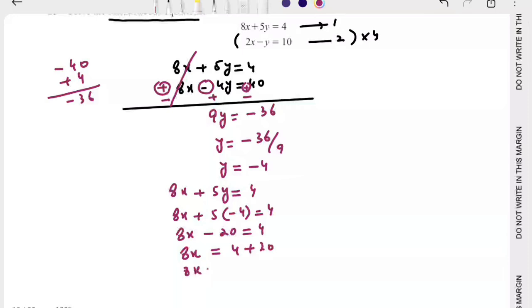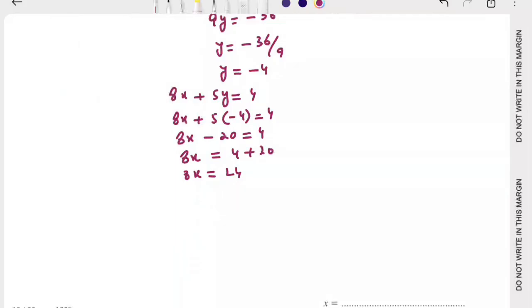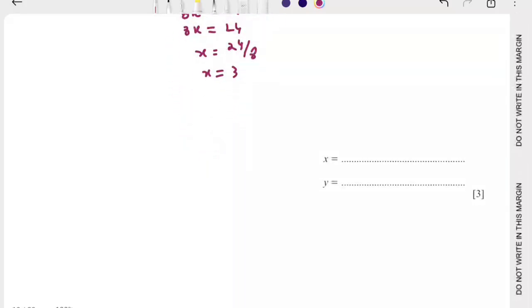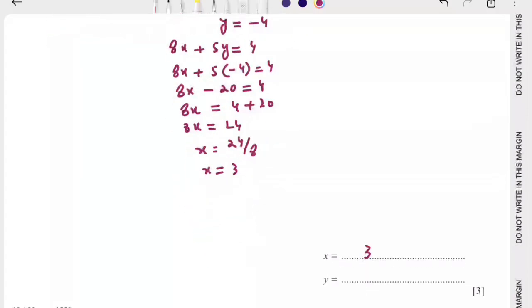So 8x is equal to 24. Will divide by 8. So 24 divided by 8 is equal to 3. So the value of x is 3, and the value of y is minus 4.